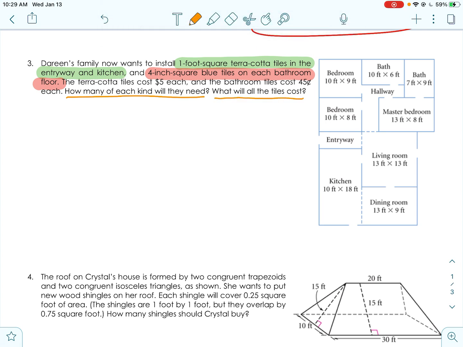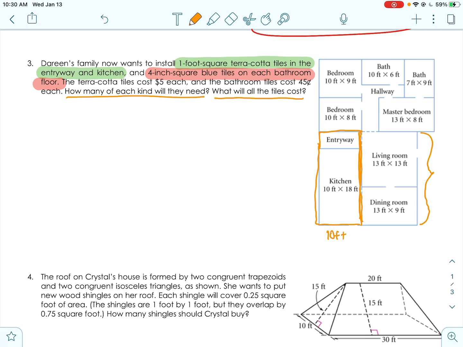So to figure out how many tiles they'll need, we'll first need to look at the entryway and kitchen. If we look at the entryway plus the kitchen, it creates a rectangle. So we need to find the area of this rectangle. We know that the base is 10 feet, and the height of this rectangle would be equal to the distance of the living room and the dining room combined.